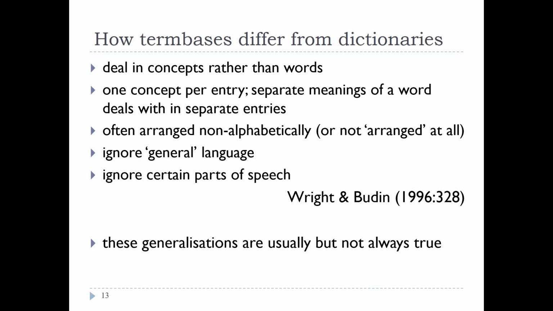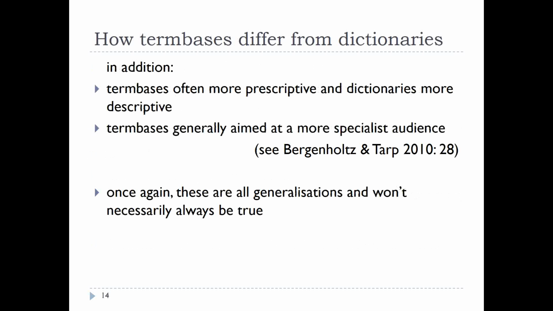These generalizations will generally hold true, but not inevitably. So you might find term bases that don't entirely conform to all these principles. And the same holds true for the rest of this list. So term bases tend to be prescriptive.